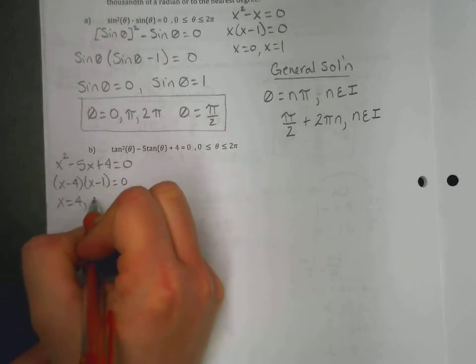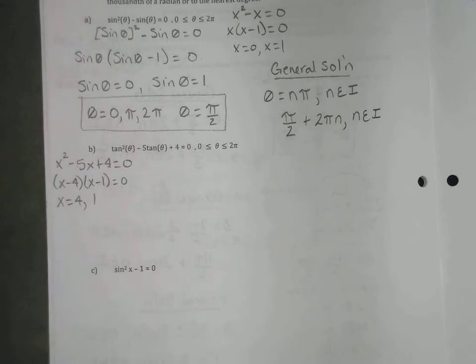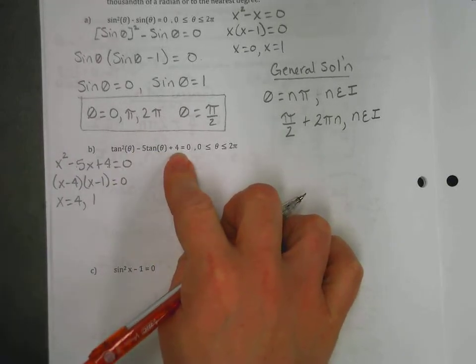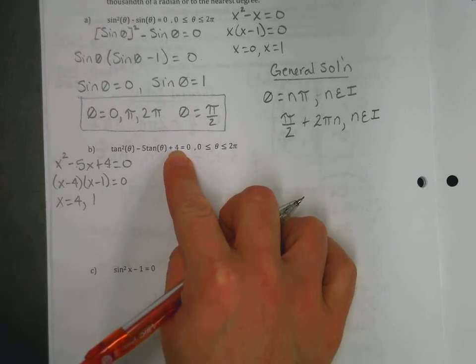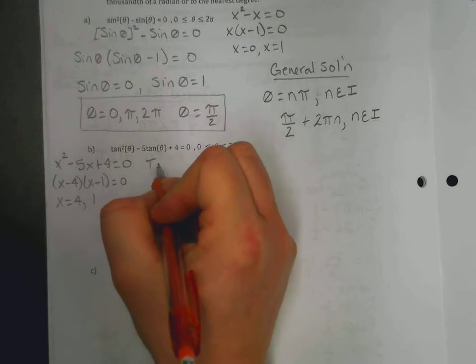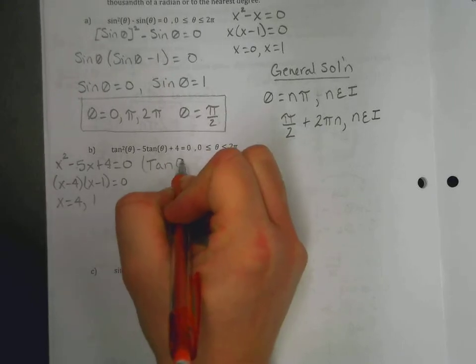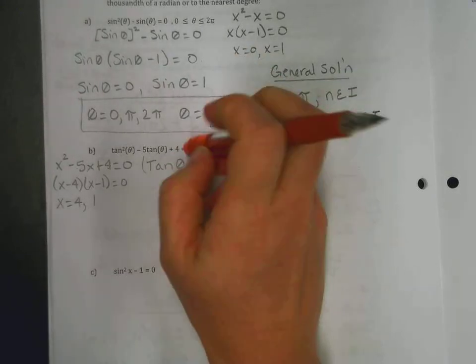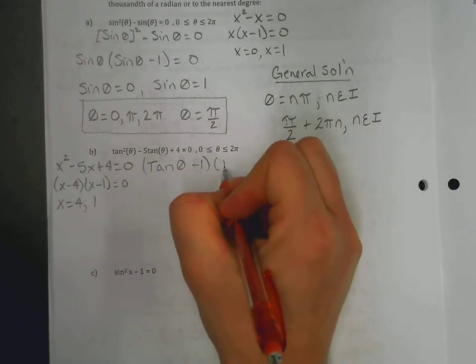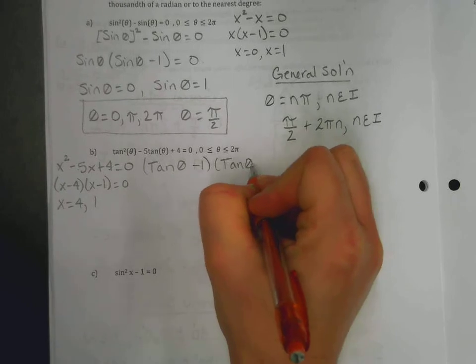So similarly, we want to factor this in the same way. What factors of 4 when added together will give me a negative 5 in the middle? So my factors would be tangent of theta minus 1 and tangent of theta minus 4 equals 0.